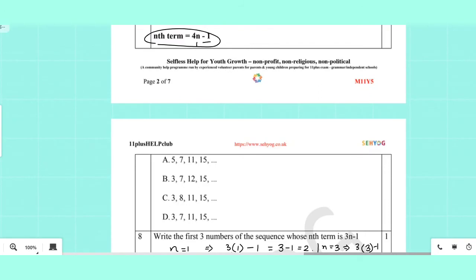So 4 times 1, 4 minus 1, 3. Now we will put n equal to 2. So if we put 2, 4 times 2 minus 1. So that is 8 minus 1, 7. Finally putting n equal to 3. That is 4 times 3 minus 1. So 12 minus 1 and that will be 11.